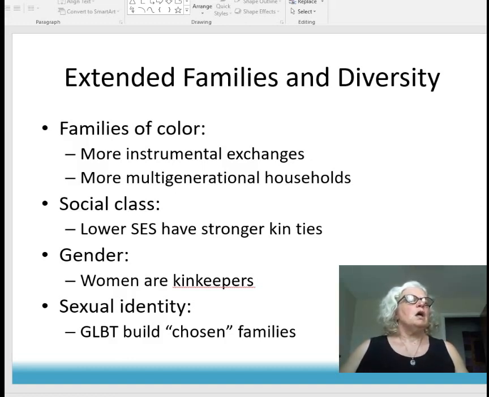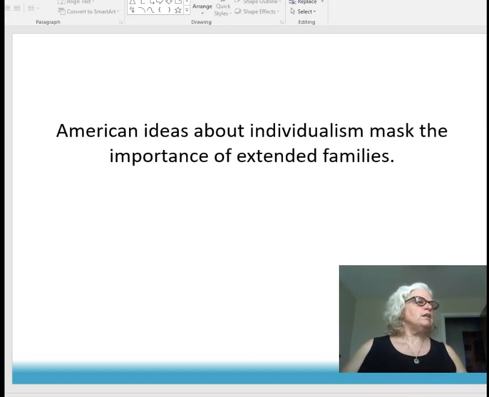Sexual identity also makes a difference, and so GLBTQ families are chosen families, and they are often extended and reaching for family and who plays which roles. We'll see that the American idea of individualism masks the importance of the extended family, but these all tie together as we start pulling them together. It's important to think about how one defines a family, both what's practical and what's symbolic.